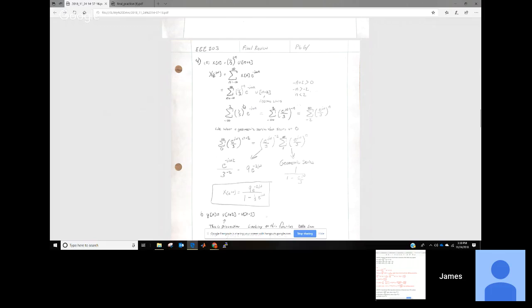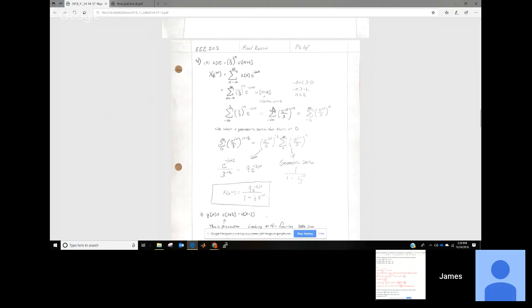We have 1/3 to the n times e to the minus jw n. This can be thought of as e to the jw to the n. So you can just throw the e to the jw in there with the minus n, because both have minus n. Now the negative n is weird, so we just reverse our limits.